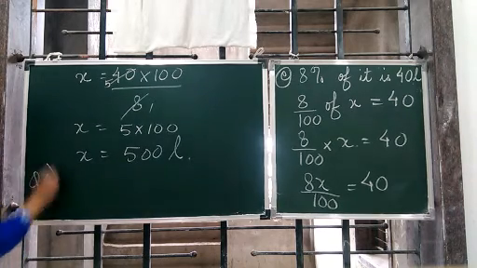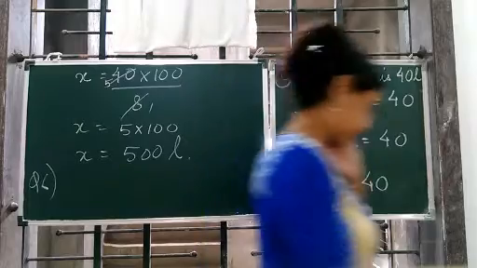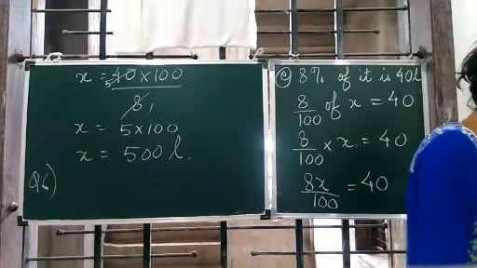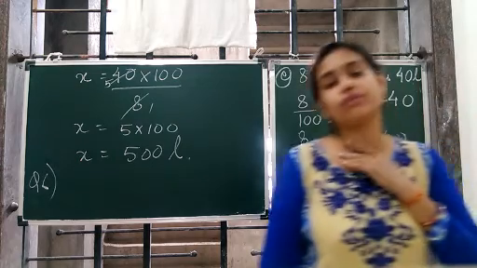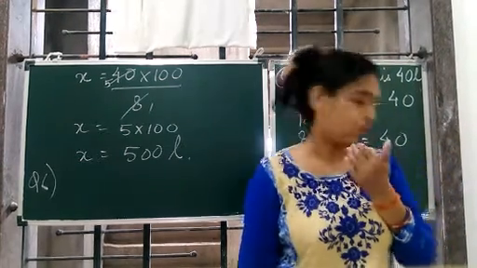Question number 6 says, convert the given percents to decimal fractions and also to its simplest form. Simplest form means we have to make them small.